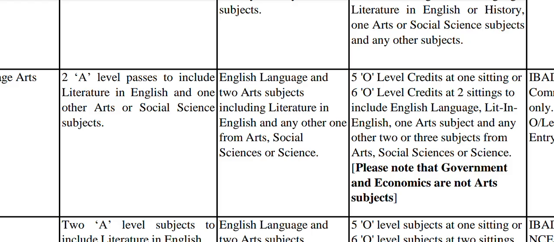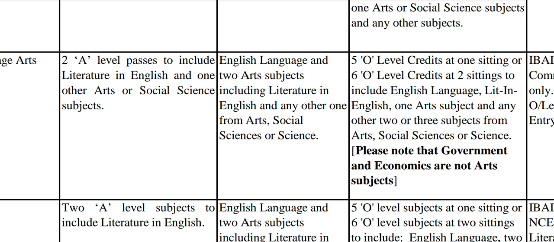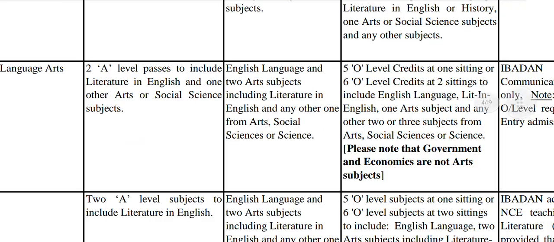But you must have English language, two art subjects, literature compulsorily, and any other art, Yoruba language, history, CRS, and any other subject from arts, which might include history if you have not chosen history earlier, which might include CRS if you have not chosen it earlier, alongside literature, and social sciences, which might be economics, government, or science, which might be physics, biology, chemistry. So that's how it is being interpreted.